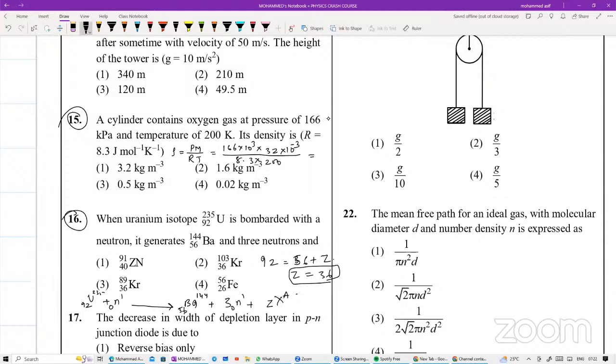तो मास नंबर भी अपने को करना पड़ेगा, 235 ऊपर है प्लस 1 is equal to, ये कितना बन जाएगा, 144 यहाँ पर है, प्लस यहाँ पर 3 न्यूट्रॉन्स है, प्लस ये की वैल्यू निकाल लीजिए.